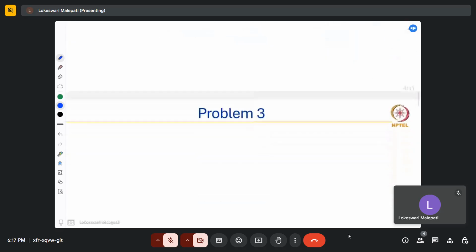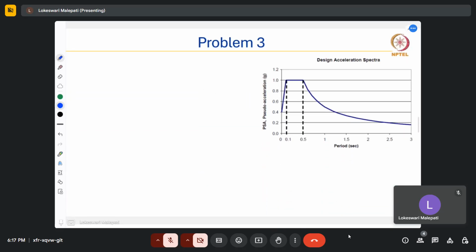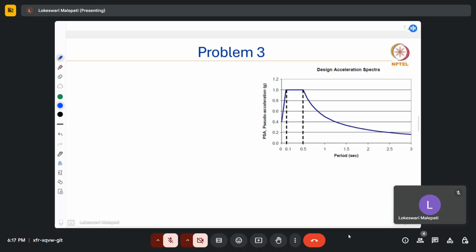So they have given a response spectrum. Response spectrum is nothing but response, in terms of either displacement, velocity or acceleration, with respect to when we vary the time period of a single degree of freedom system. So for example, we have some arbitrary ground motion.